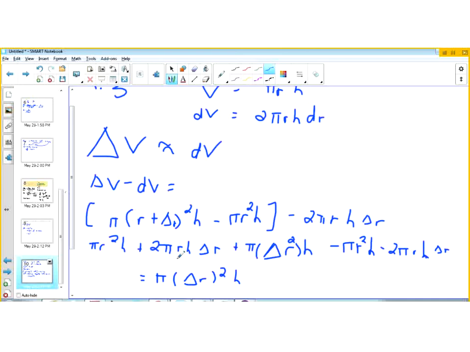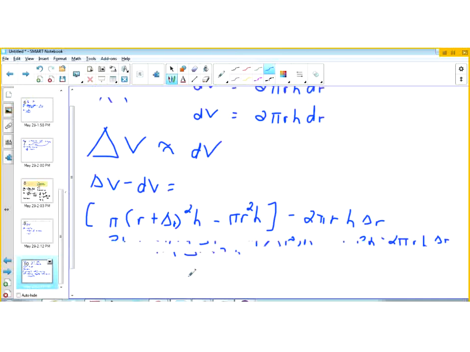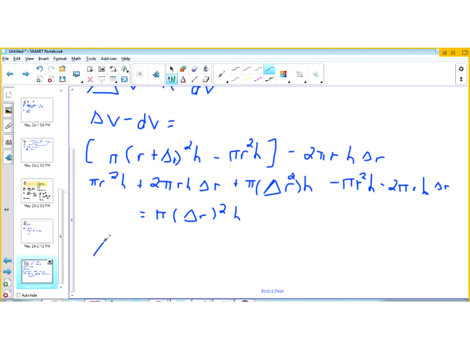Okay. So let me see if there's anything else. We've got relative error. The relative error would just be delta V over V. And note that delta r is equal to differential r.